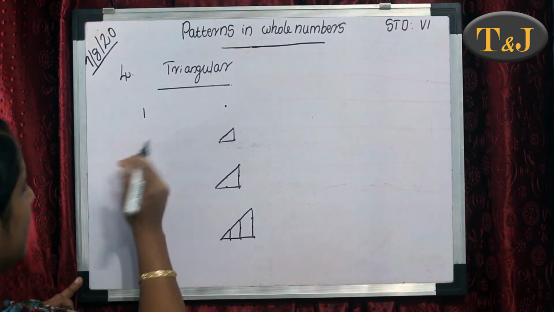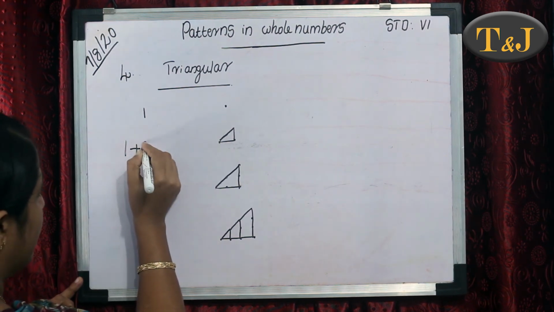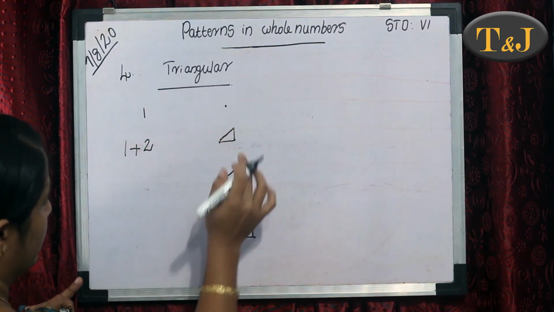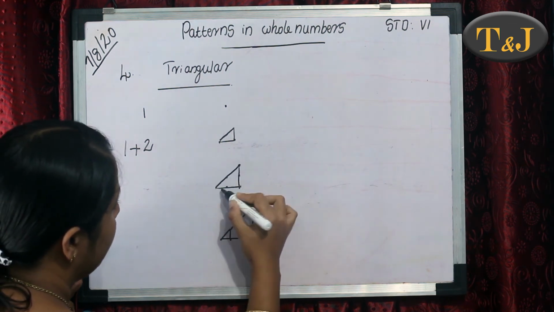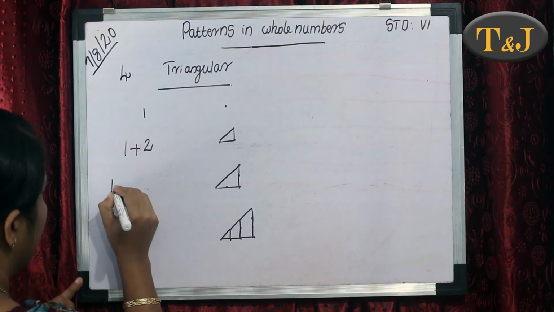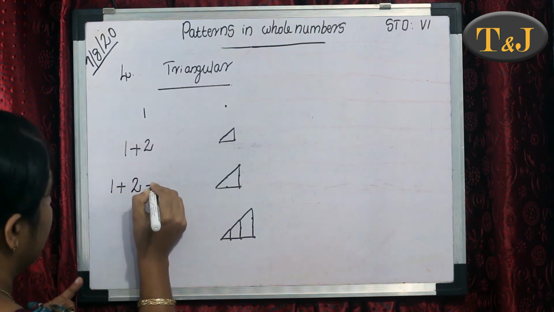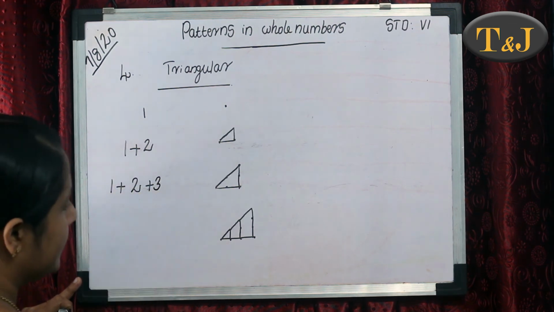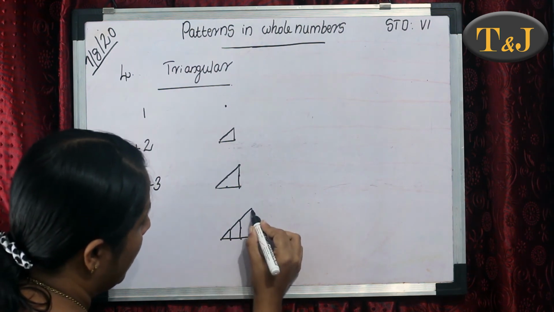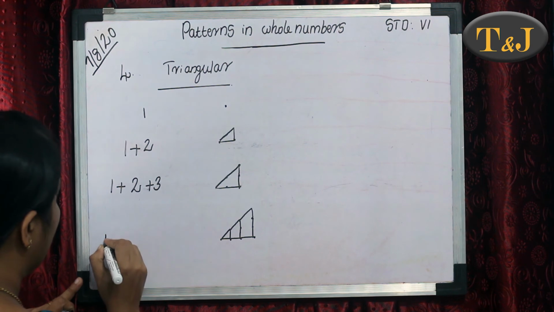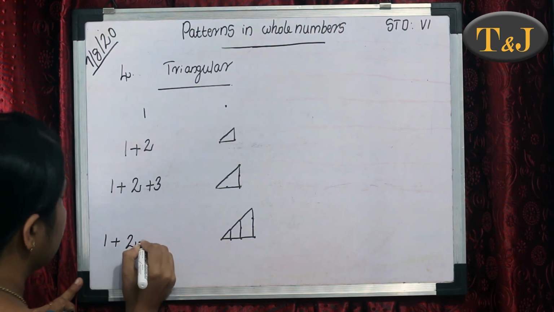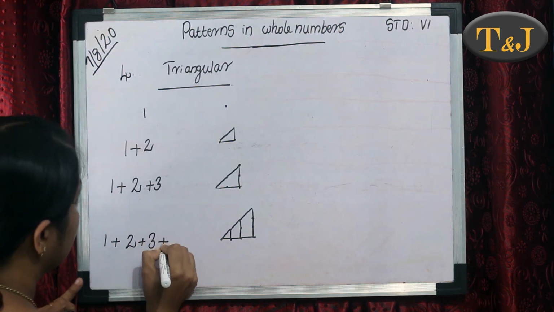Then next is 1 dot, then 2 dots, then next is 3 dots. So 1 plus 2 plus 3. Next is how many dots? 1, then 2, 3, last is 4. So 1 plus 2 plus 3 plus 4.